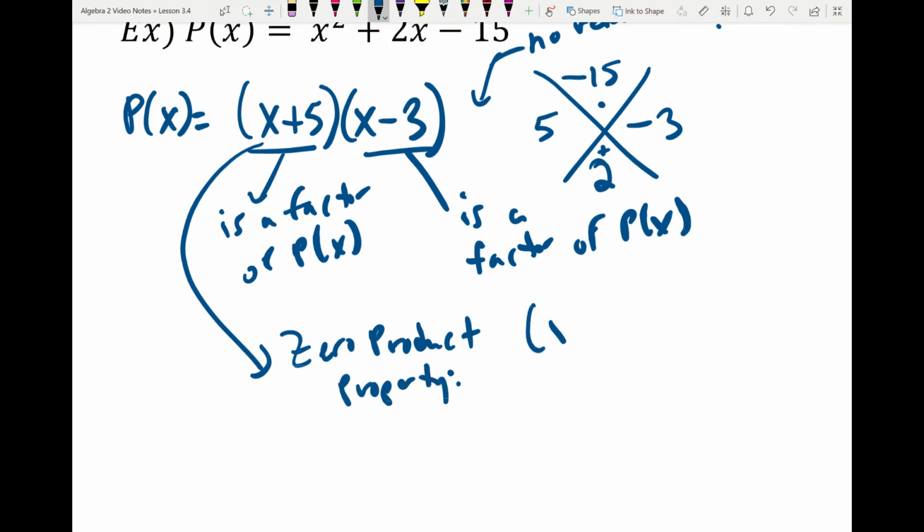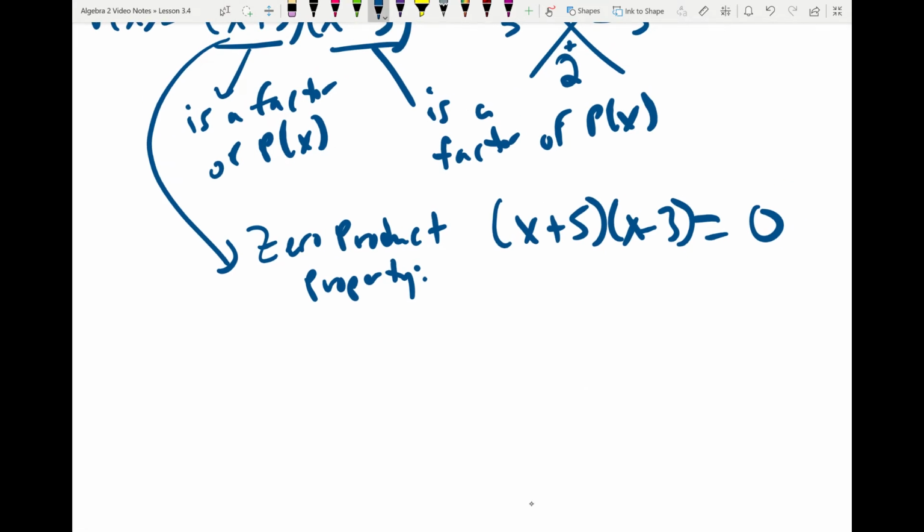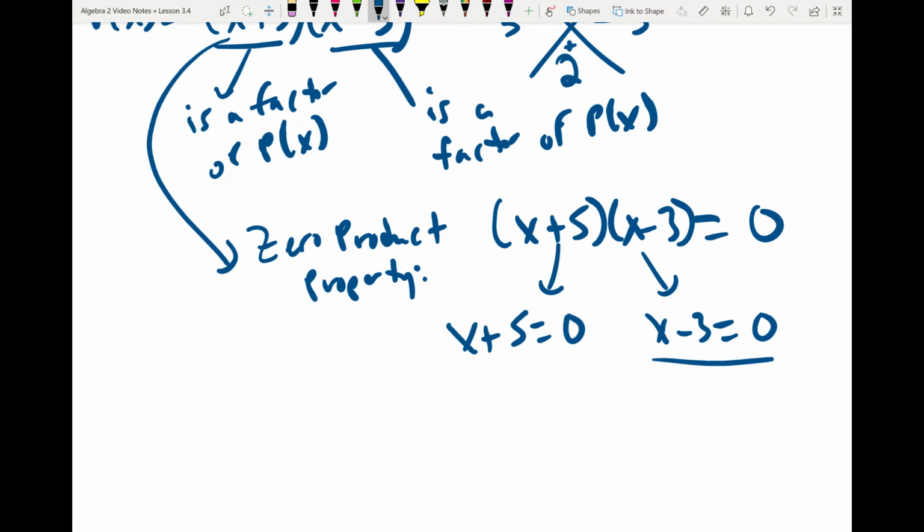If we were to set these factors equal to 0, then I can solve them individually. So x plus 5 is equal to 0, x minus 3 is equal to 0. Okay, then I solve them. So what makes this equal to 0? Well, it's going to be x equals 3 because you add 3 to both sides.